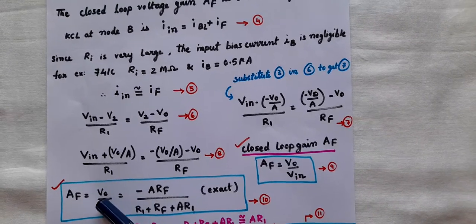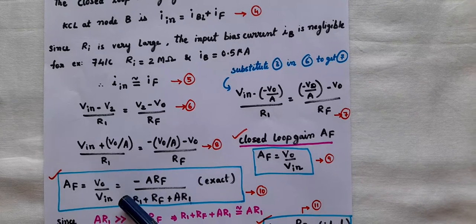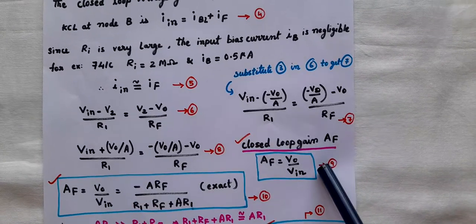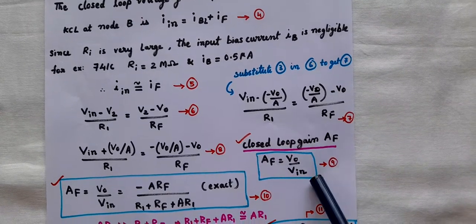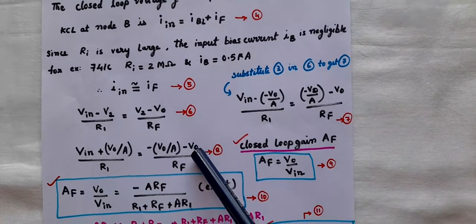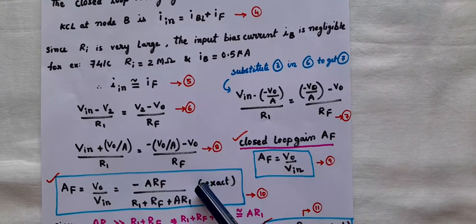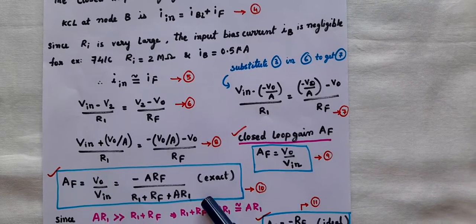What is AF? AF is equal to V naught by V in, the closed loop gain. After simplifying this equation, we get AF is equal to minus A RF by R1 plus RF plus A R1.